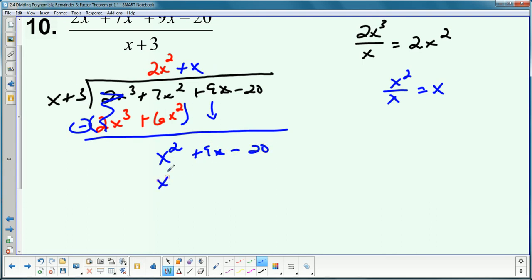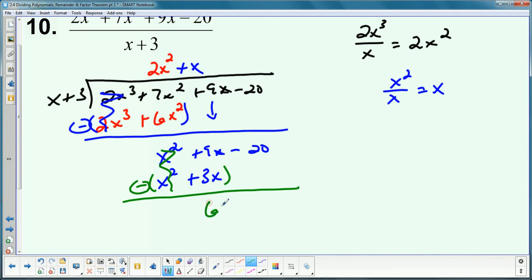x times x gives us x squared, plus x times 3 gives us 3x. Don't forget we are subtracting, so first terms cancel out. 9x minus 3x gives us 6x, and you see there's no minus 20, so I just bring down our minus 20 again. Now I have to do one more step than last time because our degree is not lower here. 6x over x gives us 6, so plus 6 on top. Do your distribution: 6 times x gives us 6x plus 18.